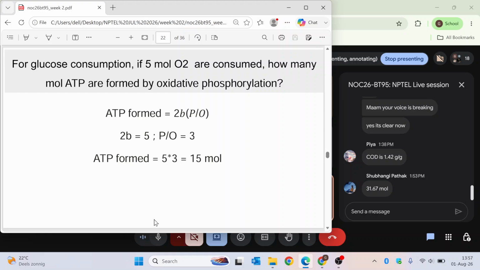So based on that, the 5 moles of oxygen is consumed, which we can have as 2b, like when we have an equation we can have it as 2b, and the number of ATP formed is going to be 2b into P by O. So 3 into 5 is going to give you 15 moles of ATP.